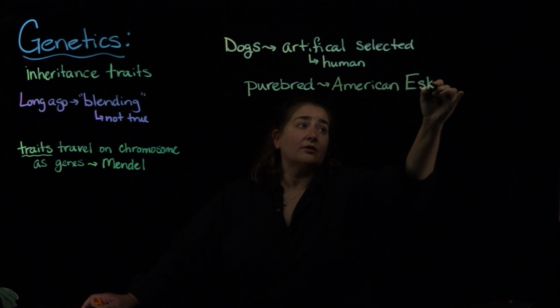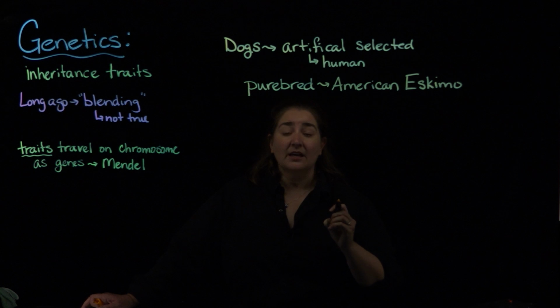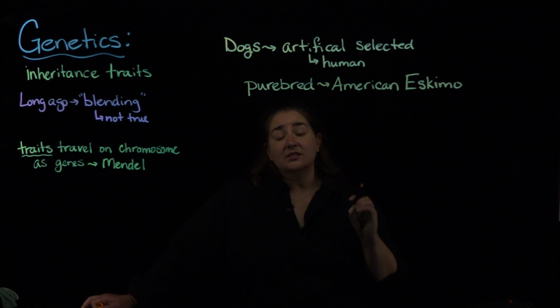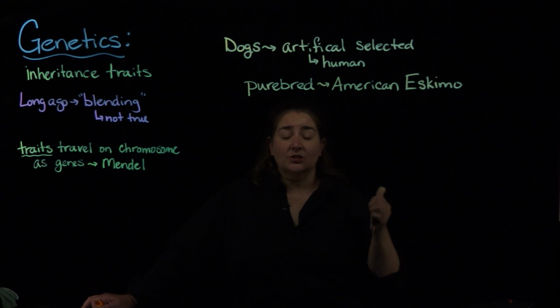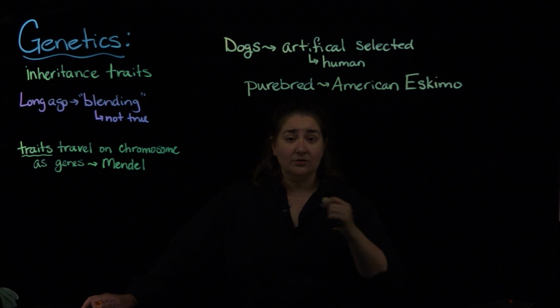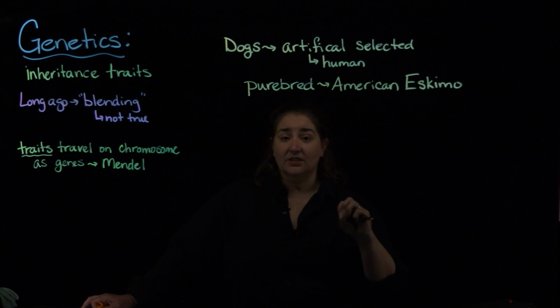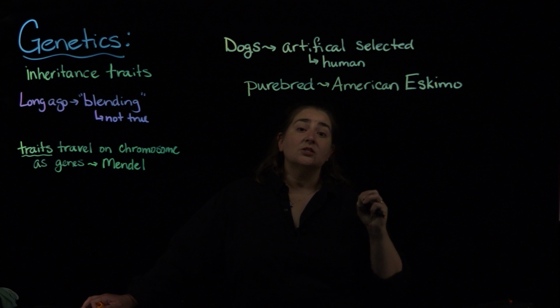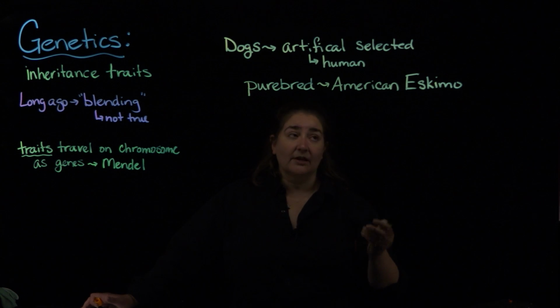But we've got our American Eskimo dog, okay? And she looks just like every other American Eskimo dog out there. She's white, she has pointy ears, she has a black nose, she has brown eyes, she's got a curly tail, she's got a big fluffy coat. She looks like every other American Eskimo dog out there, okay?